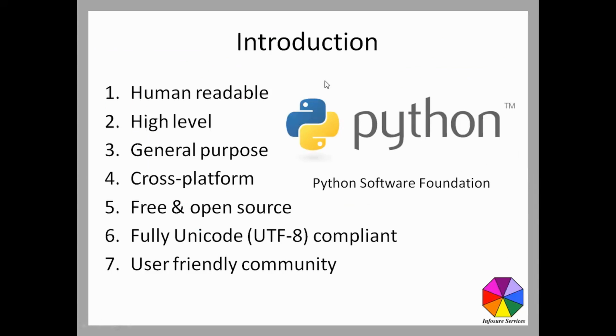Another reason why Python is popular is that it is fully Unicode compliant. In computers, many of our inputs are in English, right? The system of maintaining the mapping between the user's input and characters is US ASCII 7.